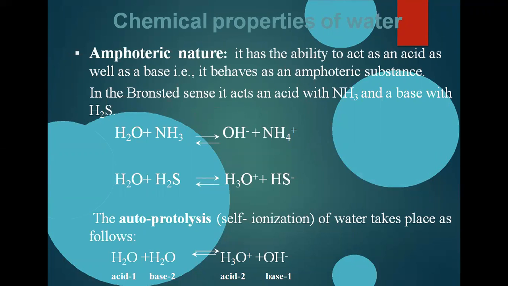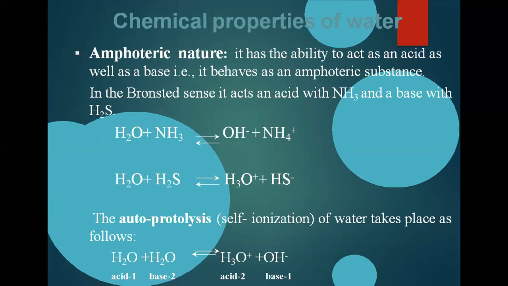Chemical properties of water. First, water is amphoteric in nature. Amphoteric nature means it can react with acids and bases. So it behaves like an amphoteric substance. In Brønsted sense, it acts as an acid with NH3 and a base with H2S. So H2O reacts with NH3 to give OH negative and NH4 positive.